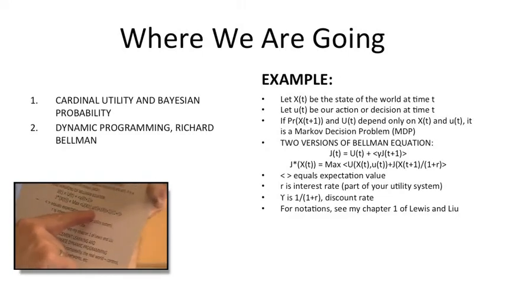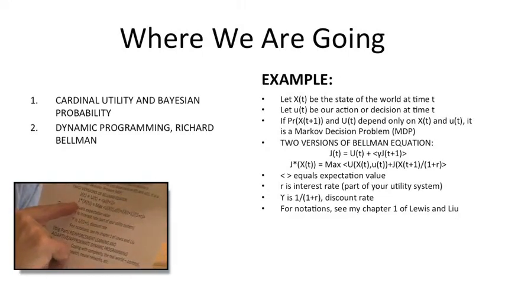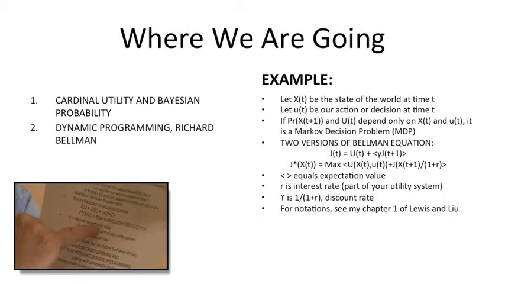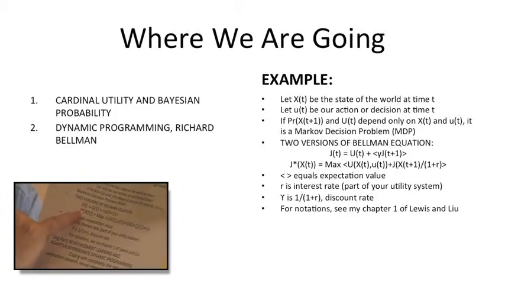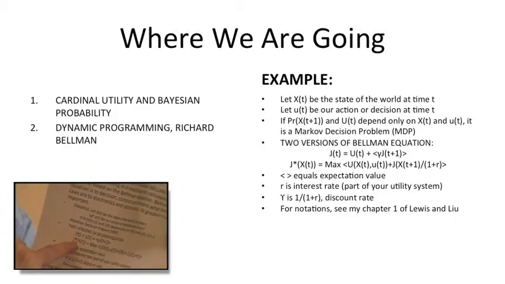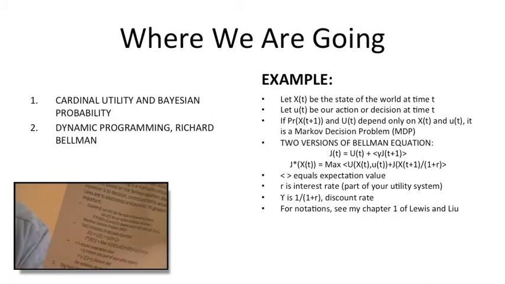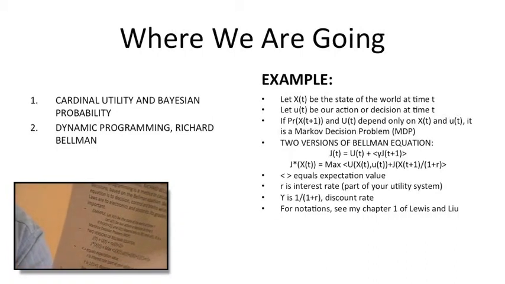The more full version of the Bellman equation, which I hope you're going to understand in much more detail as I get into it, is this equation here. I'm going to go over it many times. It has a thing called J star. This represents the best future utility you can get if you take the optimal policy.